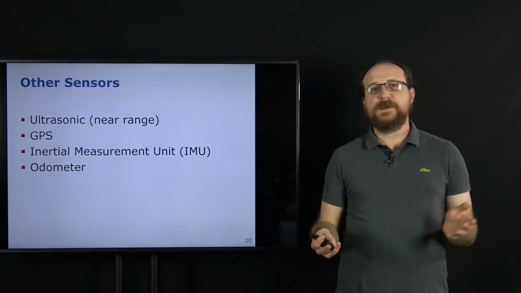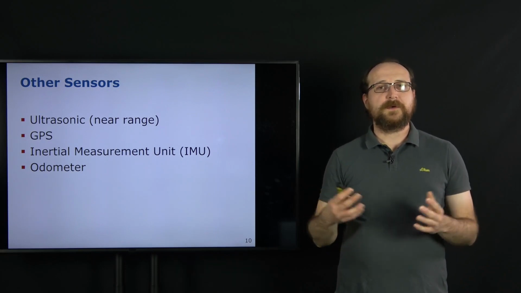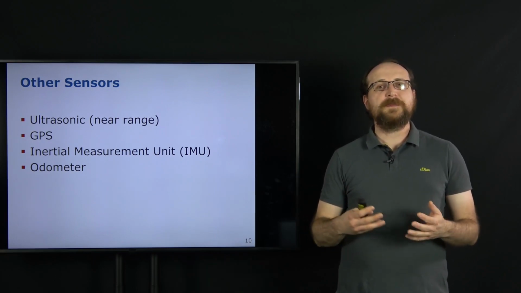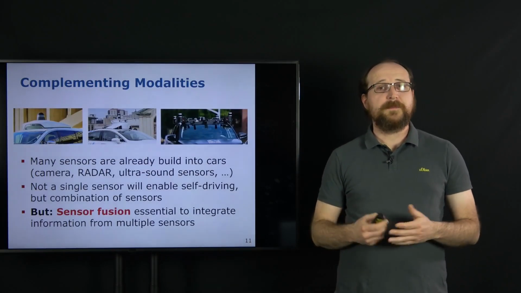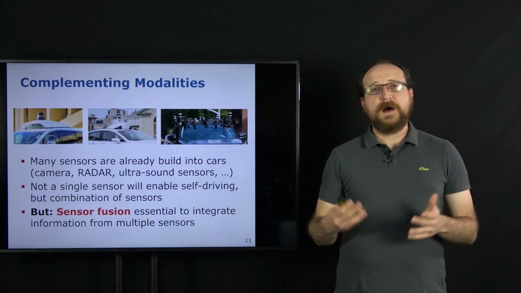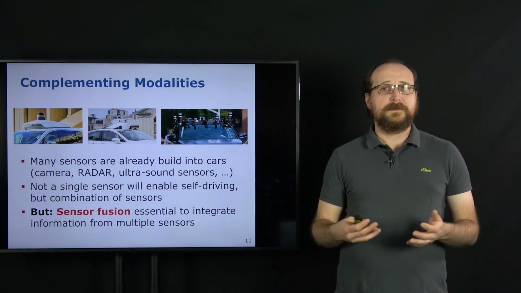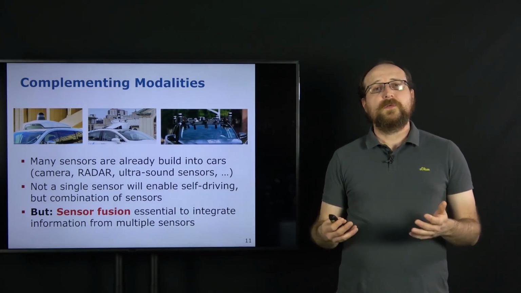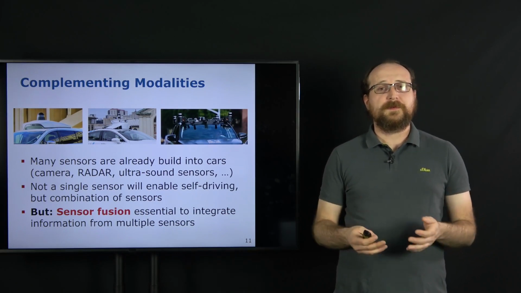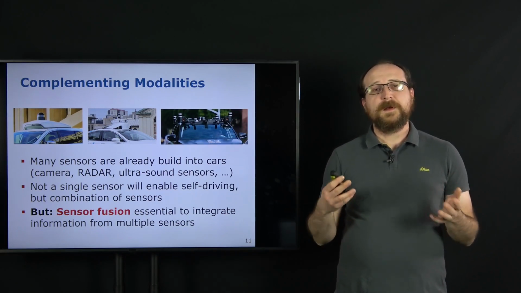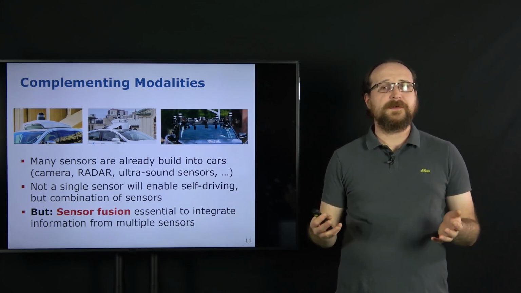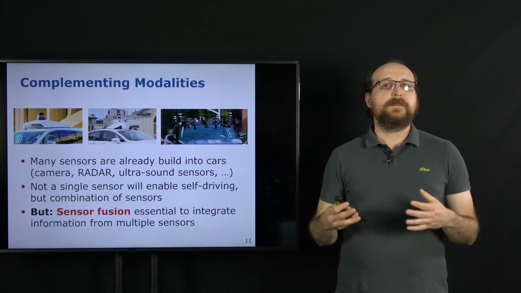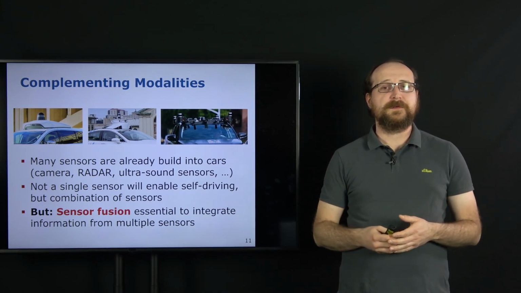So as you can see, there are a lot of sensors equipped in the perception stack or that can be used by a self-driving car. These complementing modalities allow the autonomous car to perceive the world with different sensors, and this complementing information allows us to gather information in a more reliable way instead of relying on one single sensor.